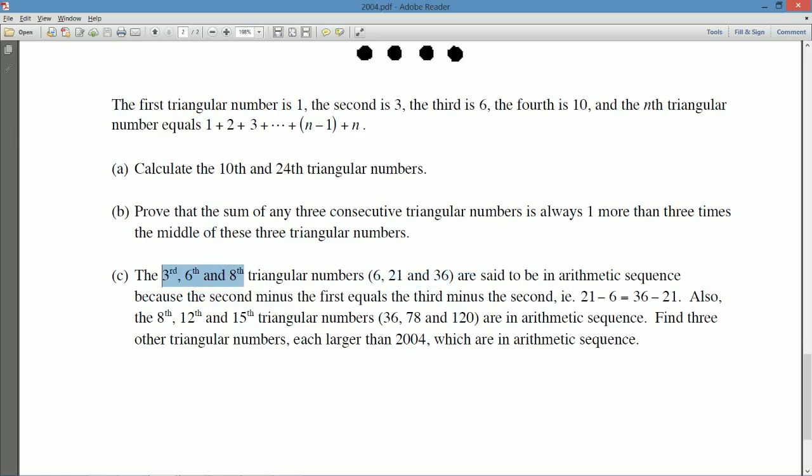Maybe there's some sort of pattern between which triangular numbers. So difference of 3 there, difference of 2 there, difference of 4 there, difference of 3 there. So maybe I can get a difference of 5 and a difference of 4 in the next one. And that might narrow things down.